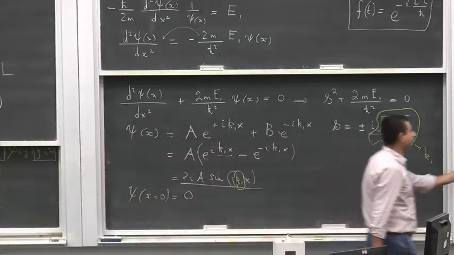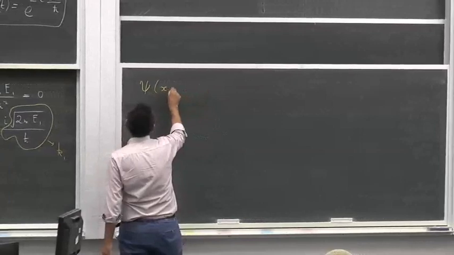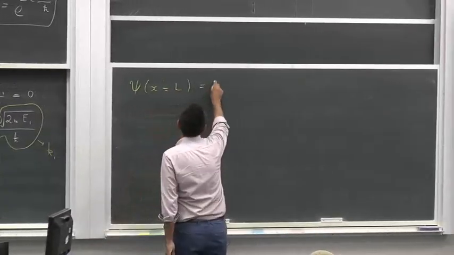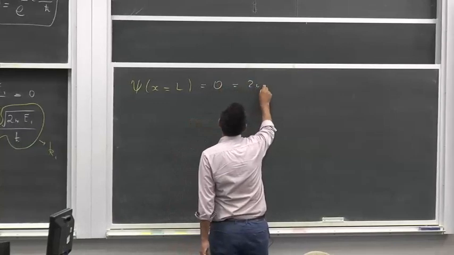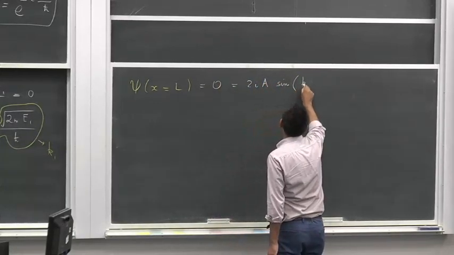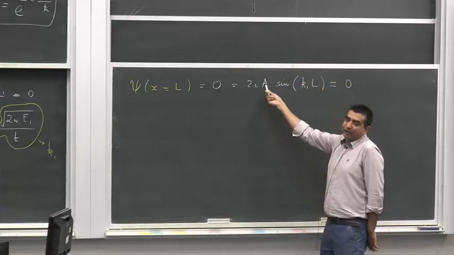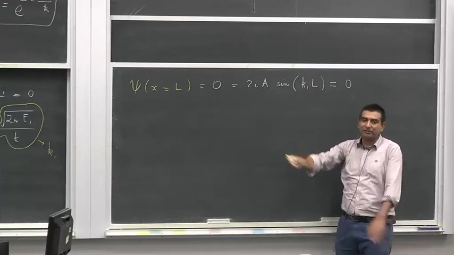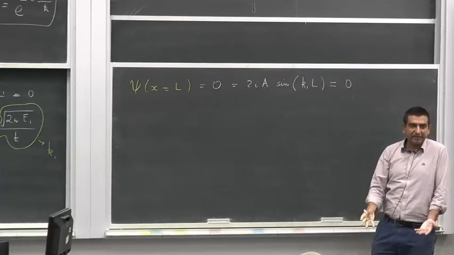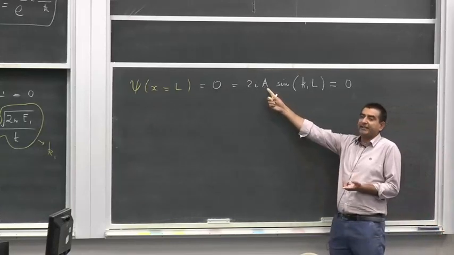So the other constraint is that psi at x equals L must also be equal to 0, which means 2 iota a sine of k1 L must be 0. But a cannot be 0. If a were 0, then I just had a 0 wave function, a trivial wave function, and the particle doesn't exist at all. I need to have some wave function, which means that this a cannot be 0.